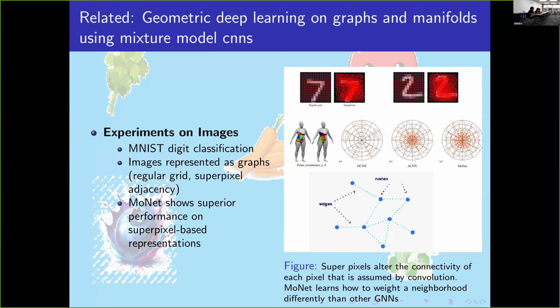The thing that I think translates into the architecture that I'm ultimately going to describe is this thing called superpixels that they do on MNIST, which I thought was pretty cool. Normally you get a regular grid for convolution, where the adjacency is assumed to be that a pixel is adjacent to the pixel right next to it.